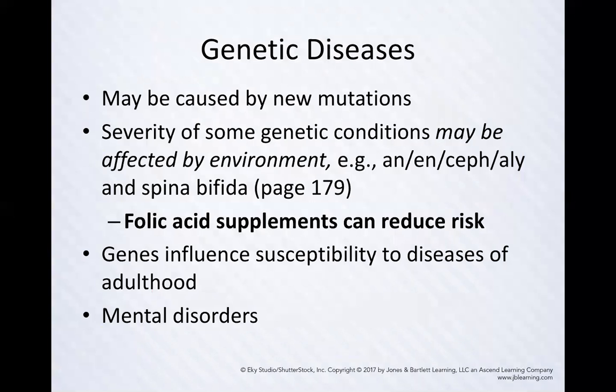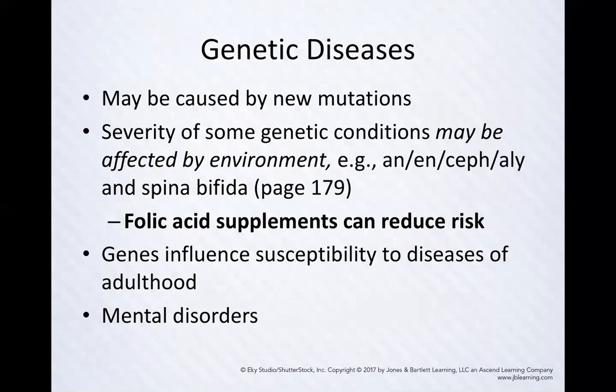We talked about epigenetics, and hopefully I'm going to have a slide on this, but look up this term if you're not familiar with it. It's the idea that an environment can switch a gene on or switch it off. There are some things that can be affected by this. Anencephaly is when the brain is not there or is completely missing.